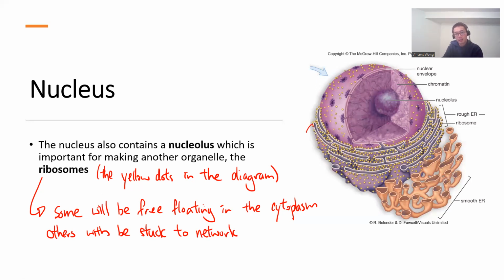Okay, like this purple network right here. They have the ribosomes stuck on them, right? But it doesn't matter whether they are floating on their own or they're stuck to the network. The function of the ribosome is to make proteins. All right? Protein synthesis, connecting the amino acids together.